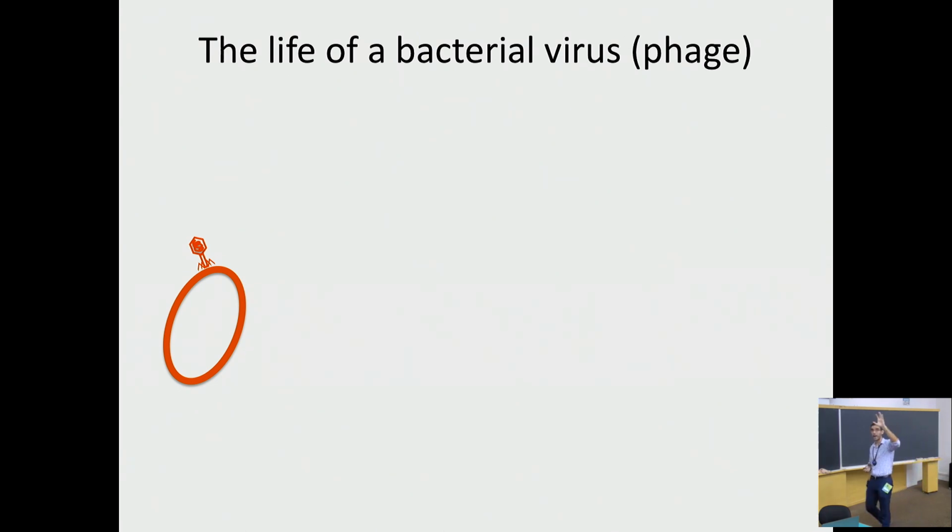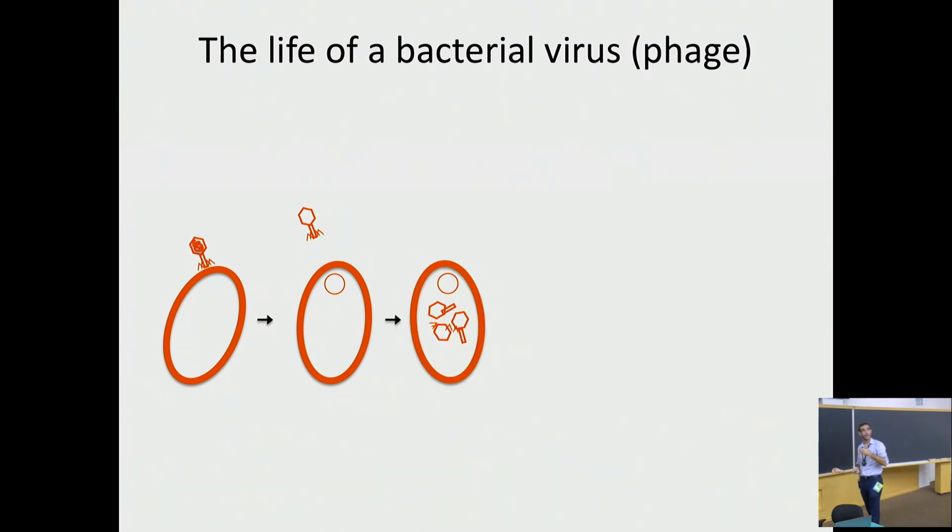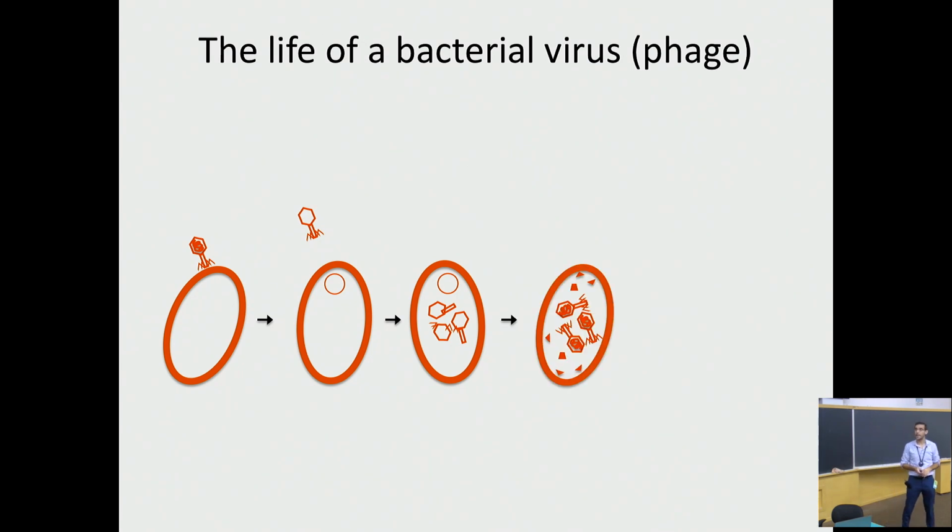We can think of this as about a 50 nanometer passively diffusing particle that gets in contact with the microbial cell, injects its genetic material into the cell, and then that genetic material redirects the host cell to start reproducing the viral genome, as well as proteins, RNA that are required for the self-assembly of the capsid, and also the spooling, in some sense, or the packaging of the genetic material of the virus inside that virus particle.